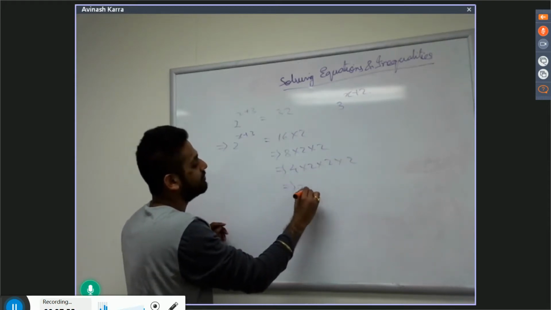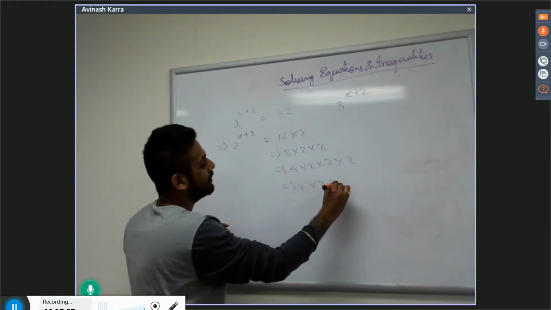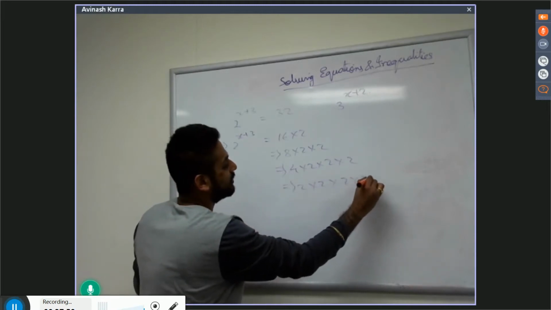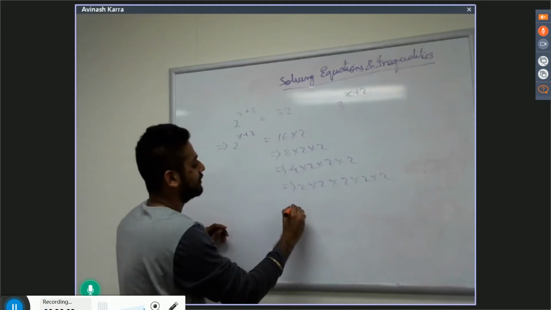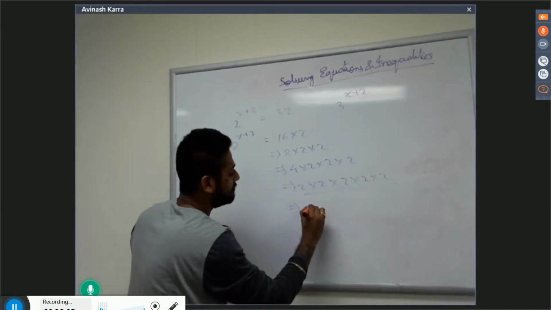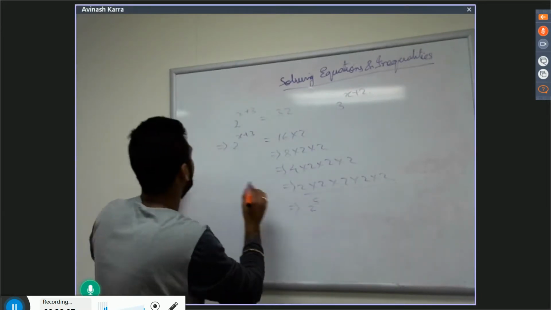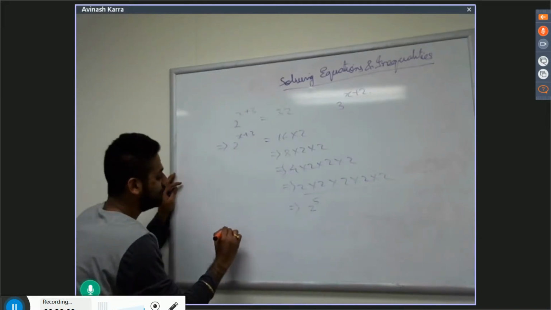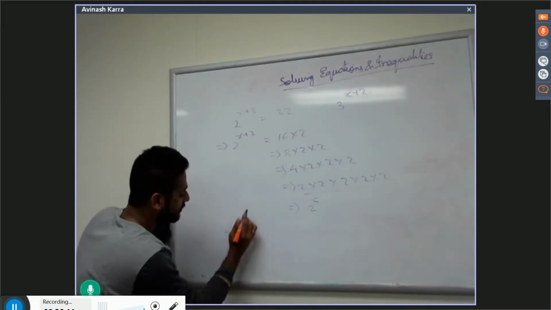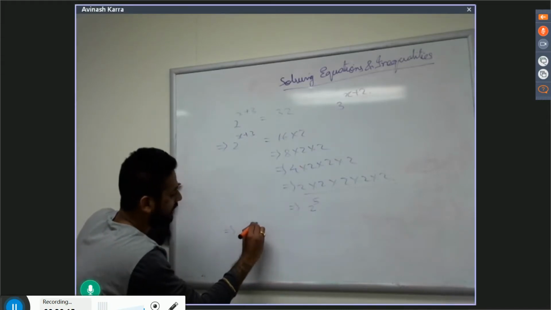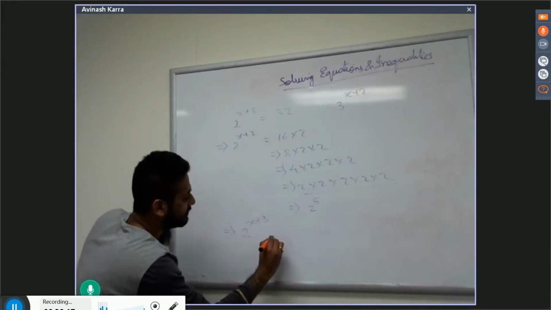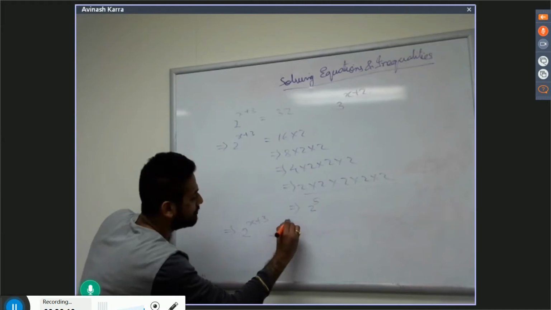And 4 can be written as 2 into 2, so three 2s. So, what is 32? 2 to the power of 5, right? So, what is he given? 2 to the power of x plus 3 is equal to 2 to the power of 5.